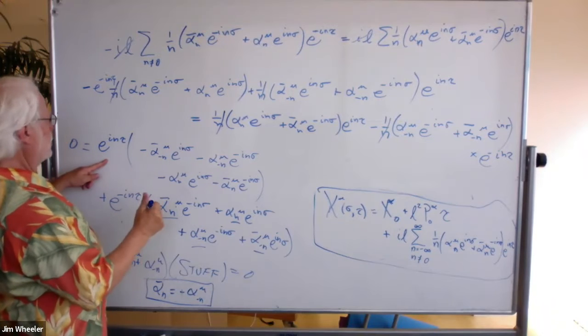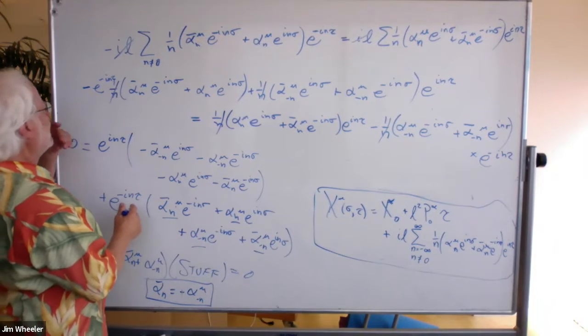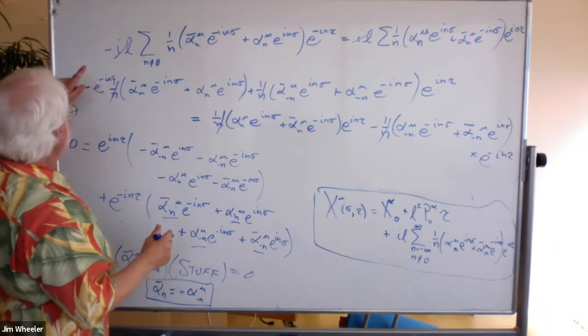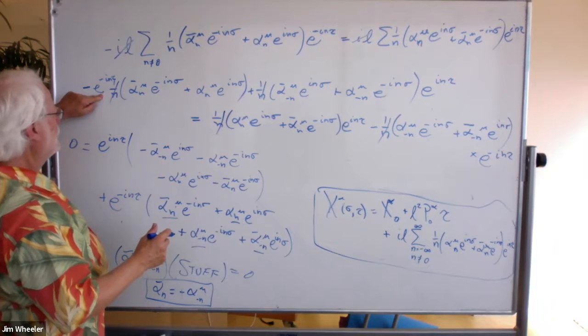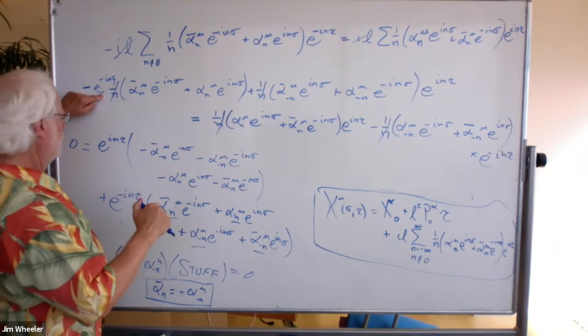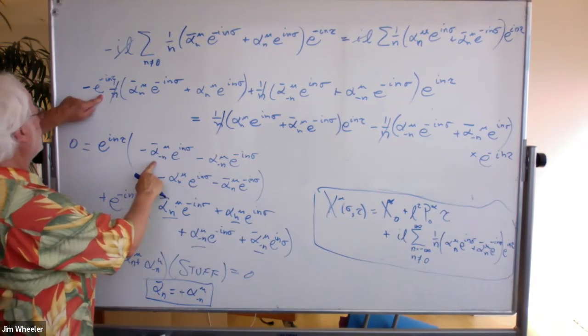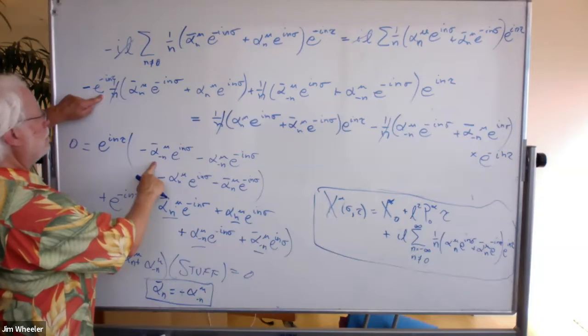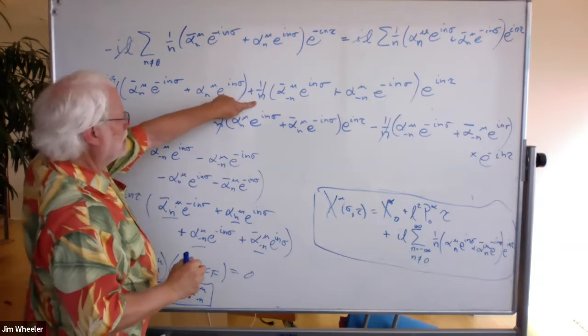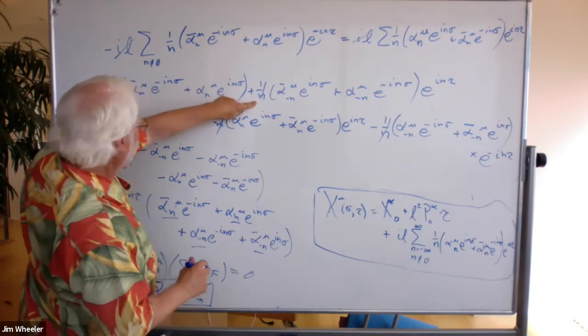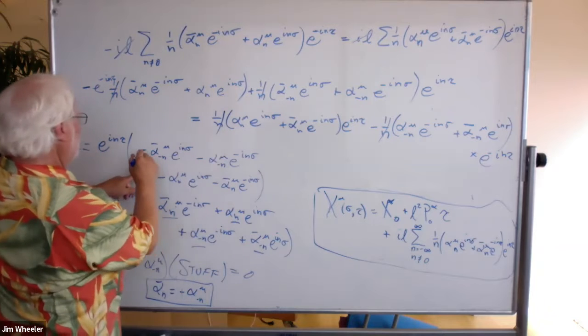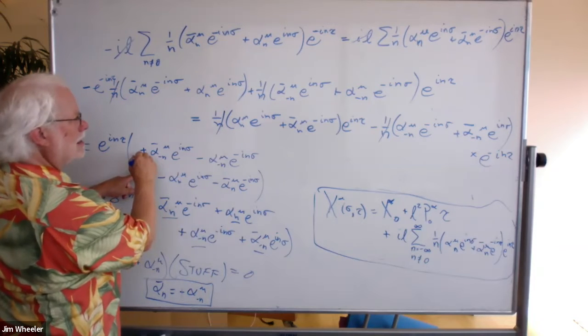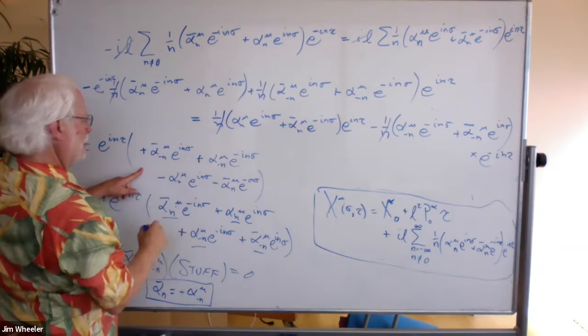This is the first stuff. So minus. Okay, which values are these? E to the I n t. So I did this one first, and so those should have been pluses here and here.